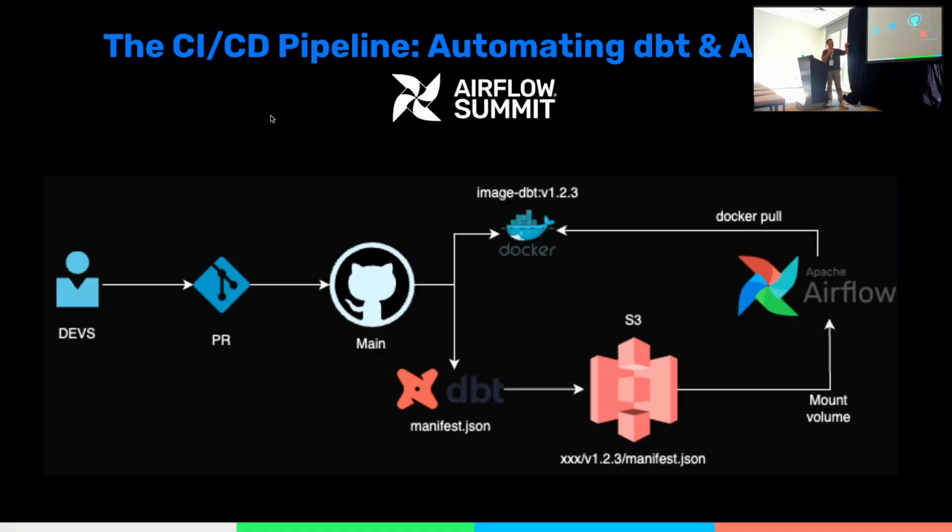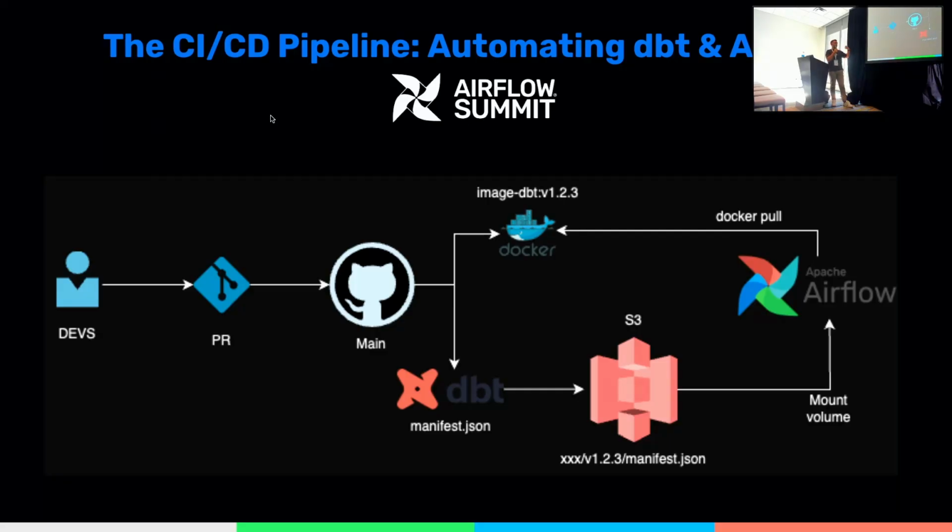From the other point of view, every time you merge to main, we are creating the manifest.json file. There are a lot of commands that create it, and we copy this manifest.json file to an S3 bucket, and then we mount this manifest.json file to the Airflow folder. It doesn't matter which folder you choose, you just need to read it with the function.